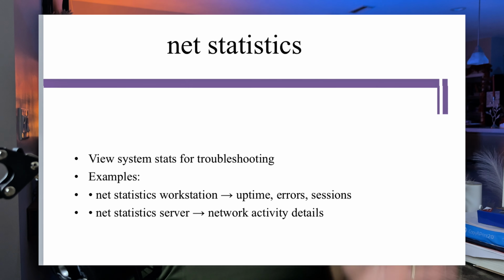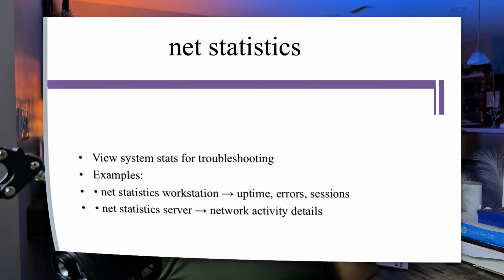They're going to have their device on for days and days and days, and you need to know what is going on. And sometimes it's just a restart. Like I'm telling you, you're going to run into issues with devices that all it takes is a restart to fix. That's it. So in that case, you could just run the net statistics command and you're able to see the uptime, errors, sessions, and things of that nature on that workstation.